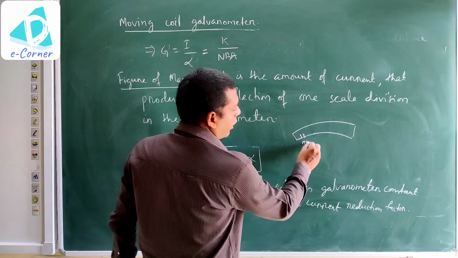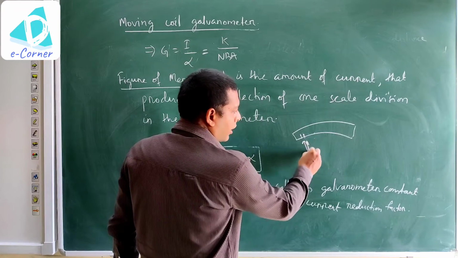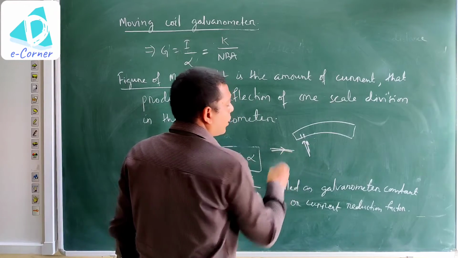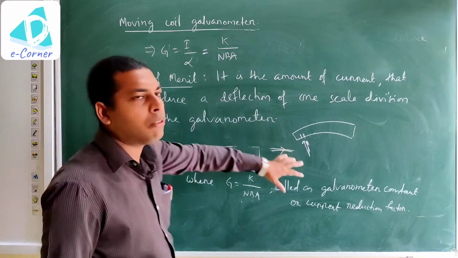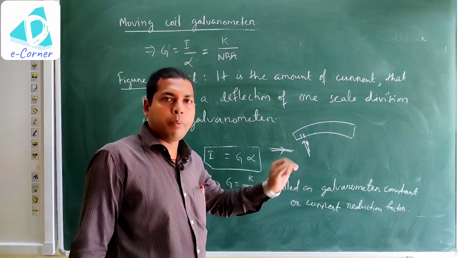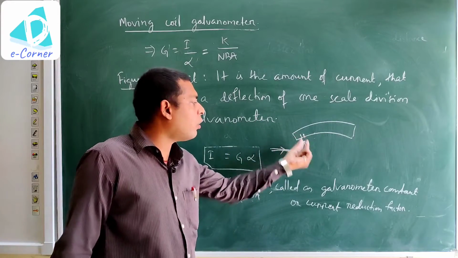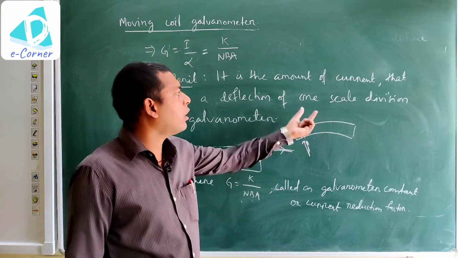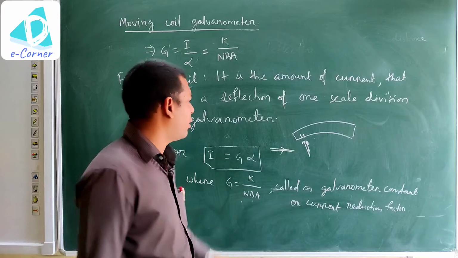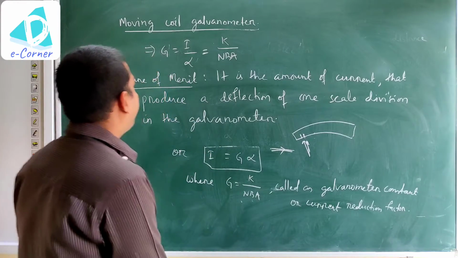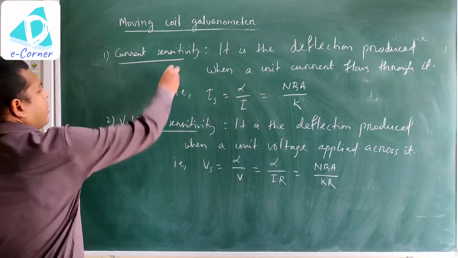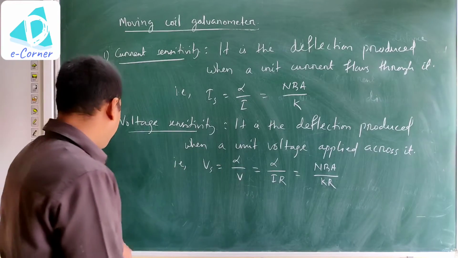So इधर पॉइंटर है, इस तरह इतना दूर तक जाने के लिए करंट कितना मुझे चाहिए, that is the figure of merit. It is the amount of current so that it produces a deflection of one unit, one scale division, that is the figure of merit. Next come to the sensitivity, that is current sensitivity and voltage sensitivity.